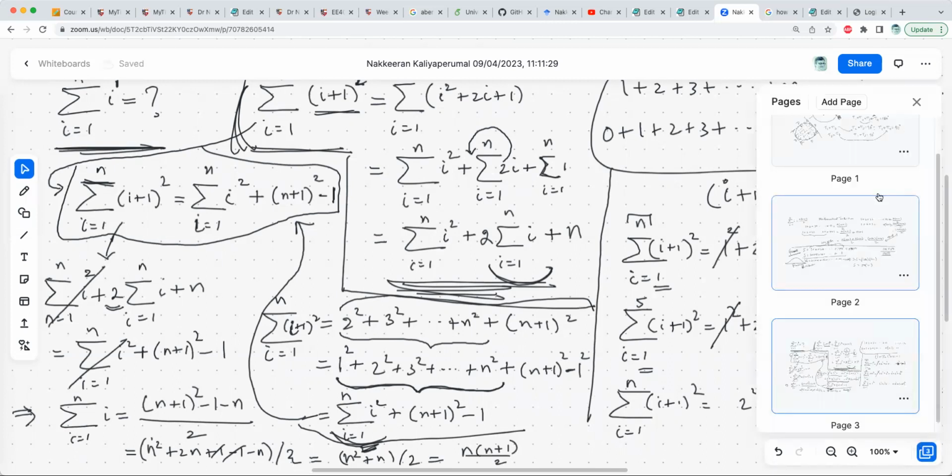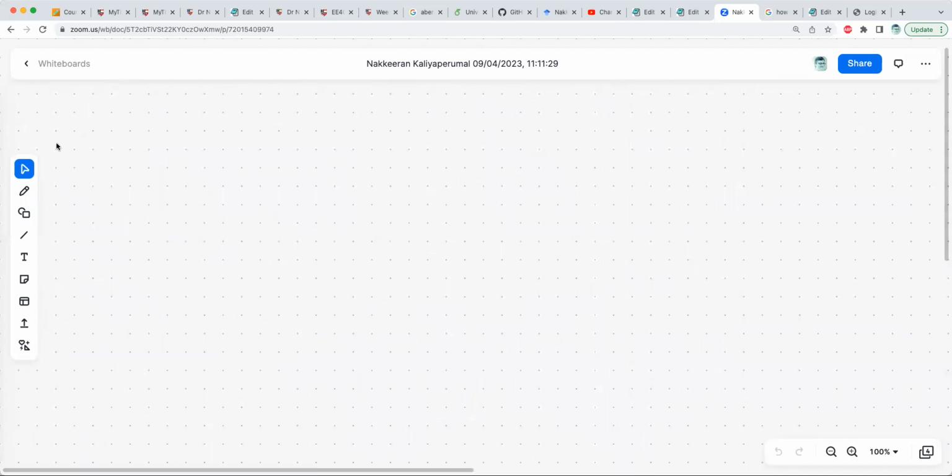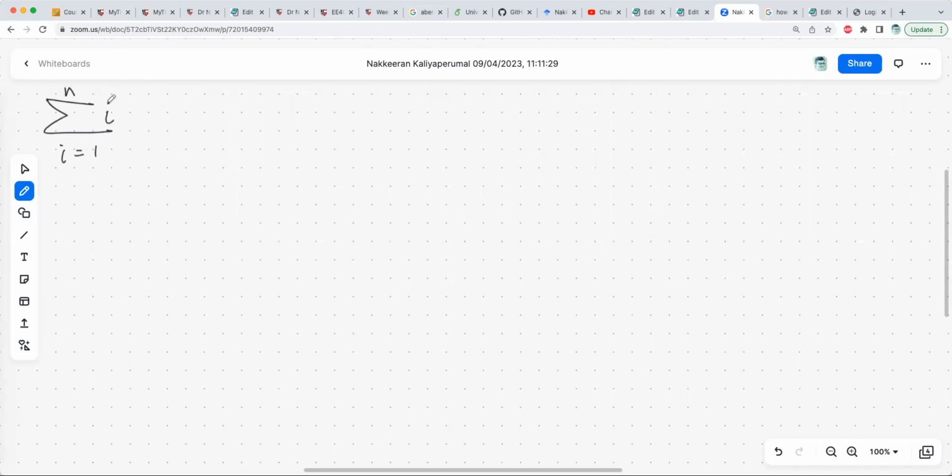Okay, let us do it again to get a good idea of why we did it and how that will help us. Simply, our point of interest is the summation of i, running from 1 to n. What we are doing is taking the summation, i running from 1 to n, starting with (i plus 1) whole squared.